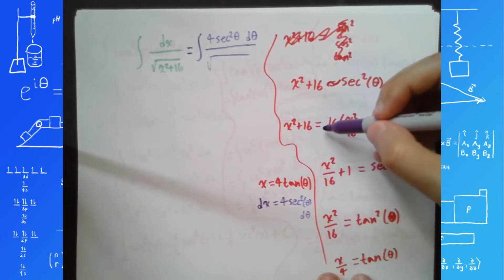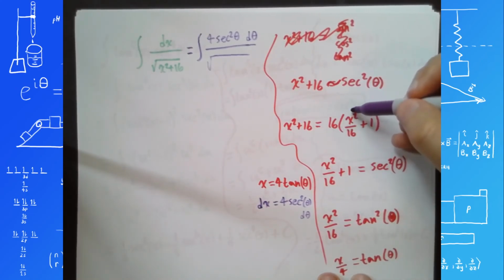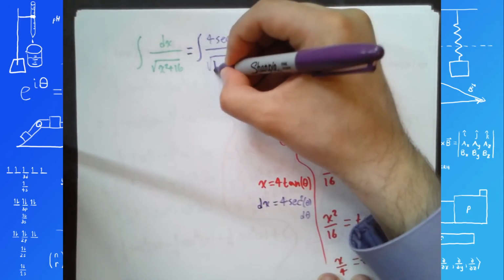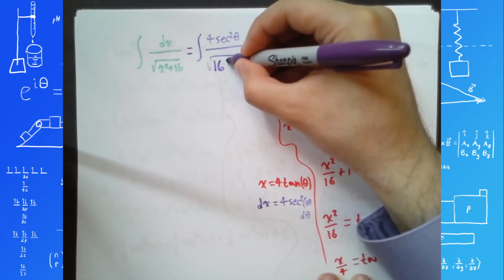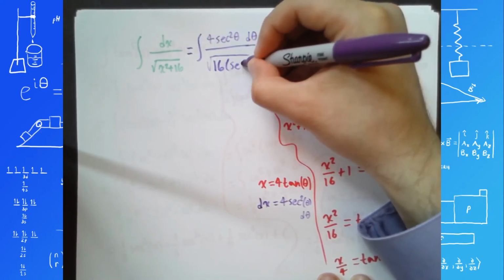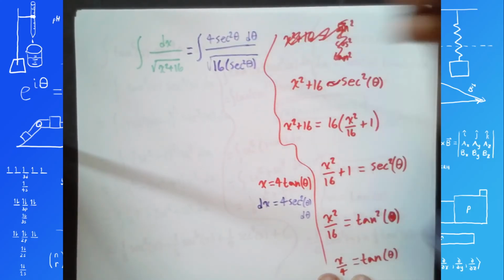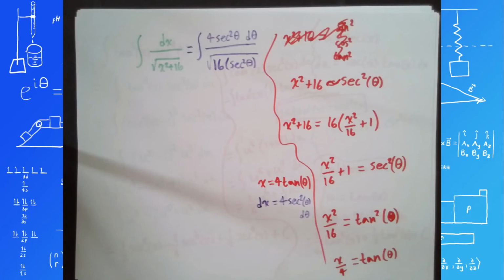Well, x squared plus 16 turned into 16 times that stuff, and that stuff turned into secant squared. So it looks like we've got 16 times secant squared of theta inside of our square root.